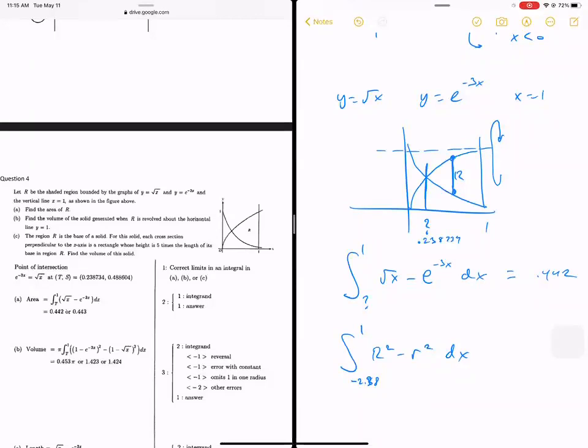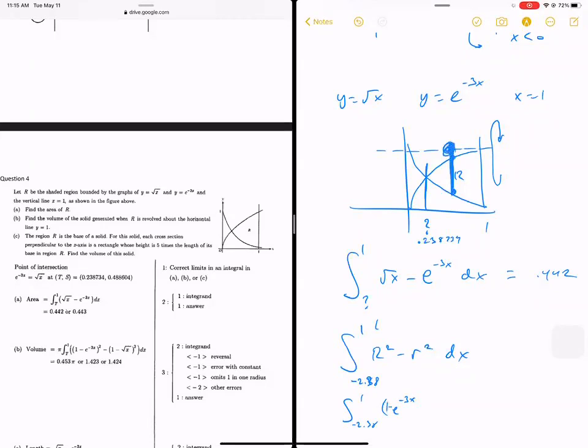Now, you could write it out. This is going to be integral from negative 2.38 to 1 of e to the negative 3x. Oh, sorry, the radius goes from, here's my radius, right? Axis of rotation over.